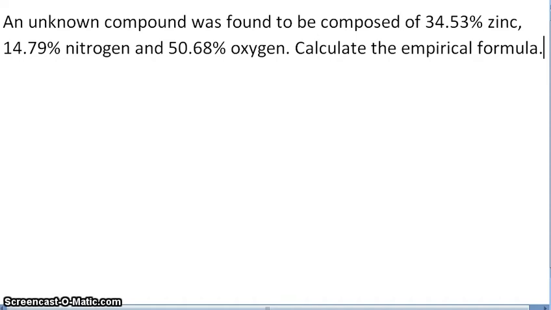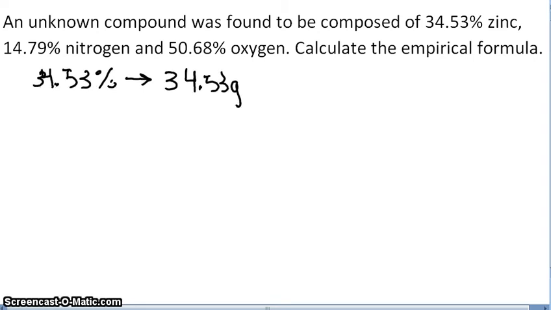So we start off by assuming that the percentages are per 100 grams. By stating that, we can say that 34.53% can be 34.53 grams.